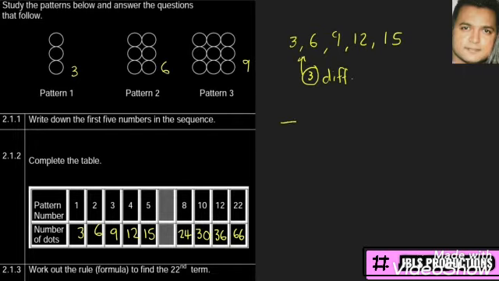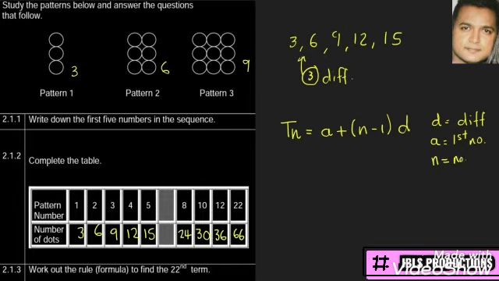So it would be Tn is equal to a plus n minus 1 d. The d will stand for the difference. Now we know what our difference is, 3, and the a will stand for the first number in the sequence, and the n stands for the number of the term.